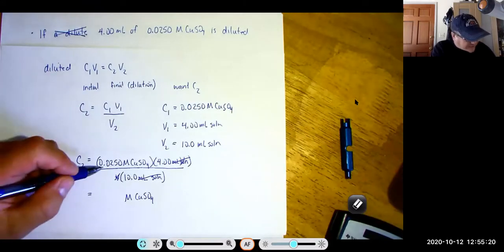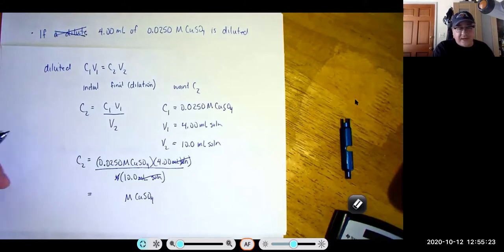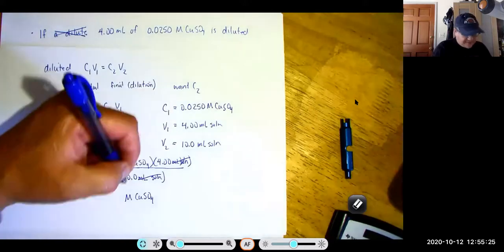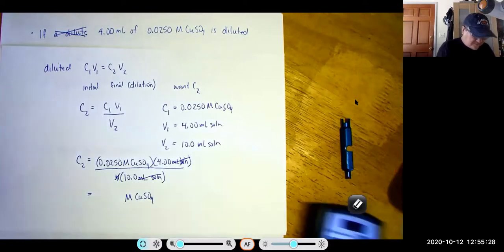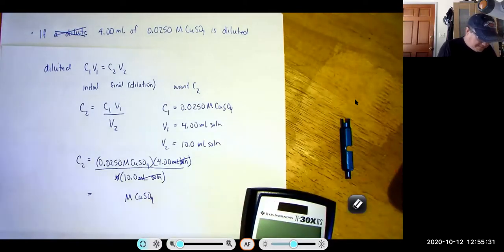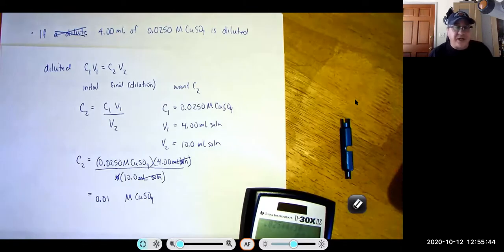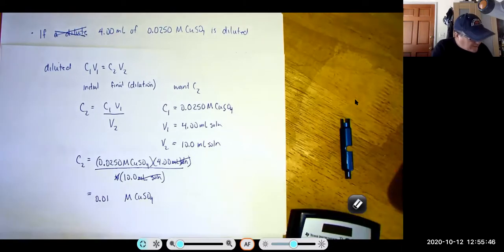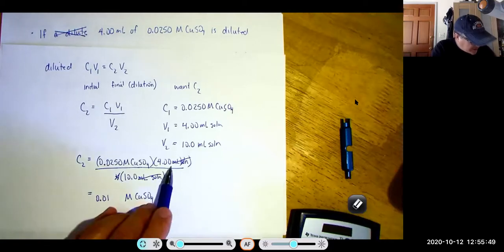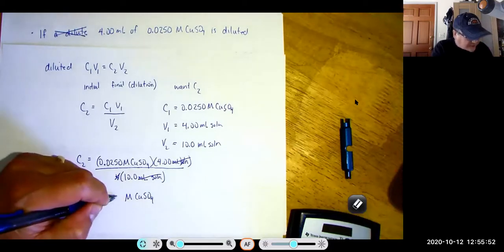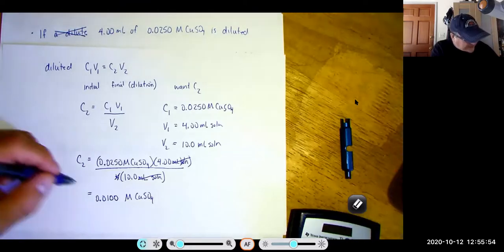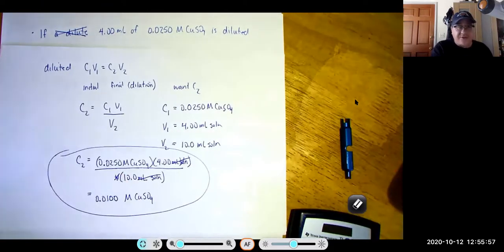So about half of this is 0.012. It should be a little less than that because this isn't quite 1/2. So let's see what we get. And we'll get 0.01 is what my calculator says. But what should I write down? Well, I know it should have 3 significant figures. So there are zeros here that I should write down. And this is what I would expect to see for your answer.